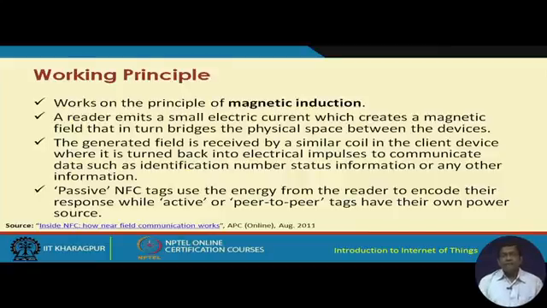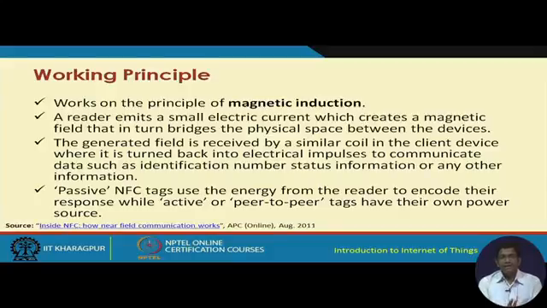So, as I was just saying a short while back, NFCs are based on a physical principle. The scientific principle behind the functioning of NFCs is the concept of magnetic induction. Here there is an NFC reader which emits a small electric current, which creates a magnetic field, which in turn bridges the physical space between the devices.